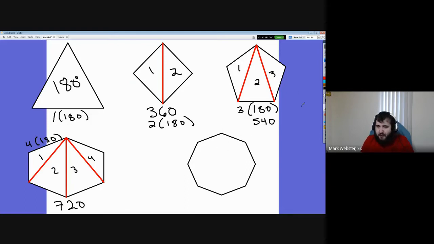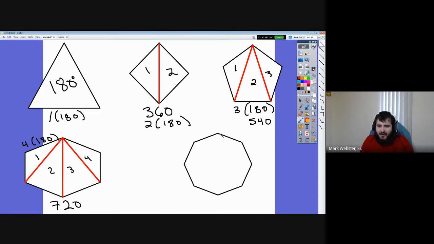All right, how did I know that? Well, look at the pattern. 3 sides, 1 times 180. 4 sides, 2. 5 sides, 3. 6 sides, 4. Now we've got 1, 2, 3, 4, 5, 6, 7, 8. Ooh, 8 sides. I skipped one, didn't I? This is actually going to be not 5 times 180, 6 times 180, right?